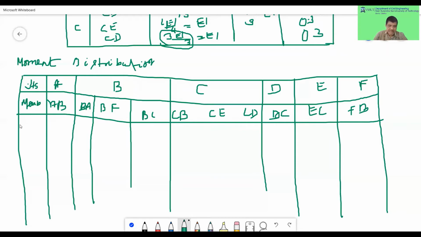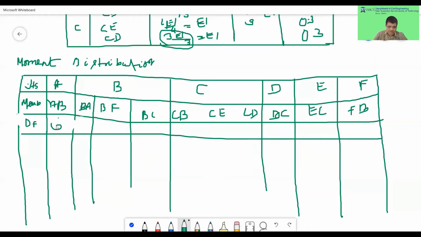Now write their fixed end moments. So the fixed end moment is minus 40 here, plus 40 here. But first add the distribution factors. For the fixed end, the distribution factor is 0.